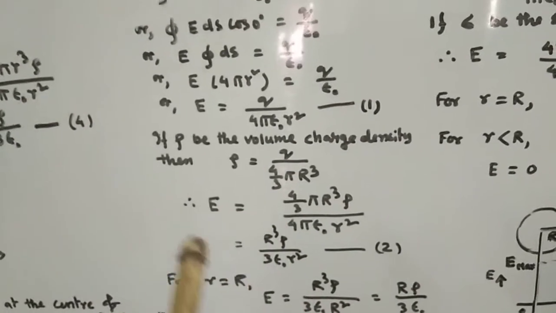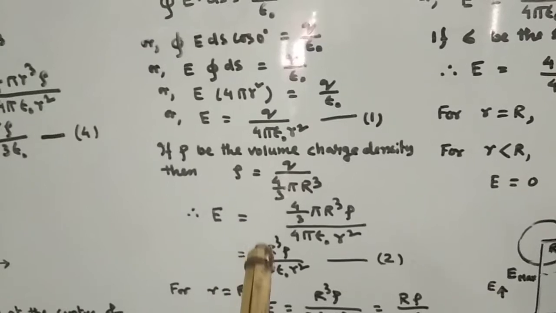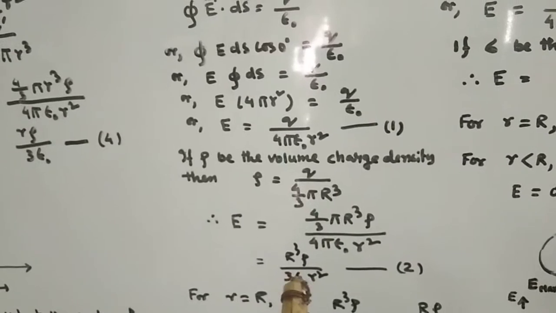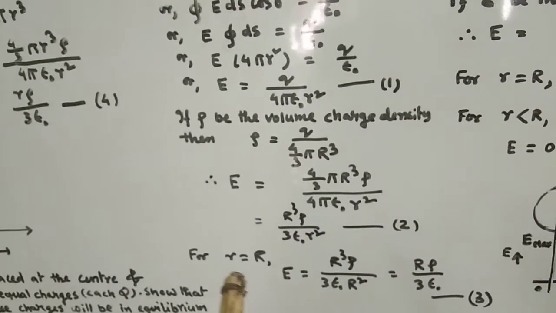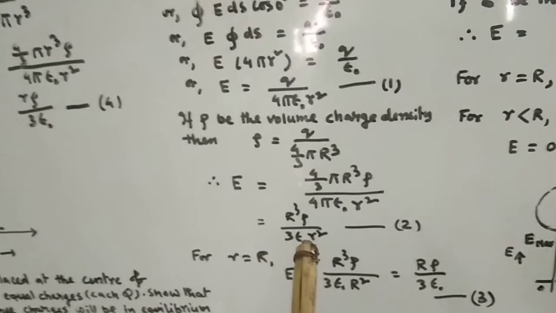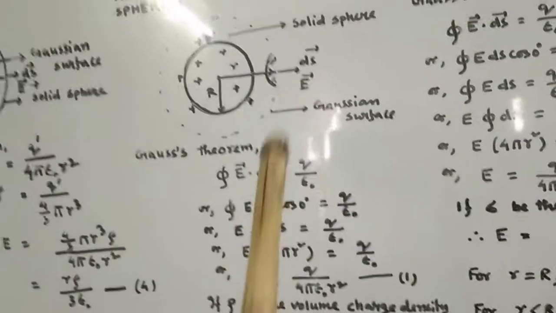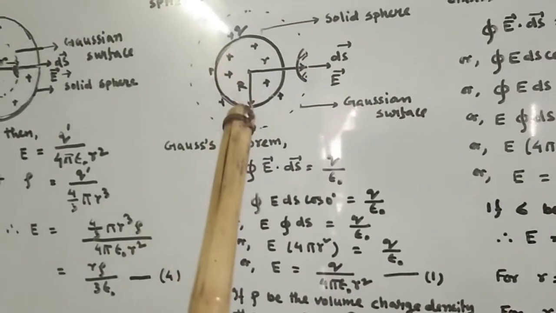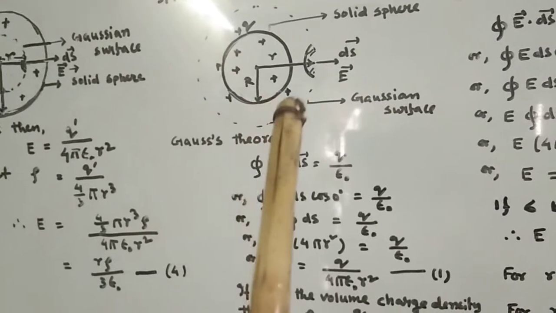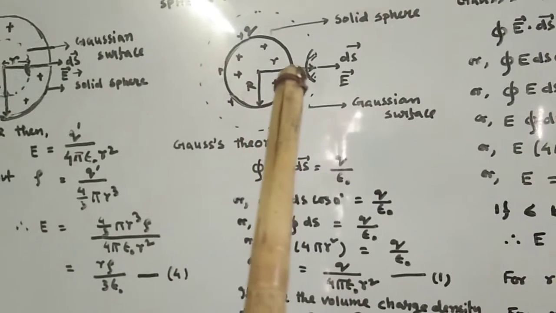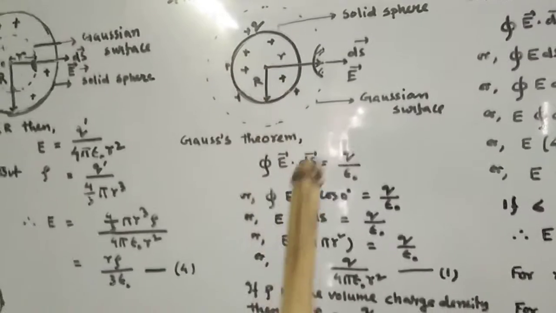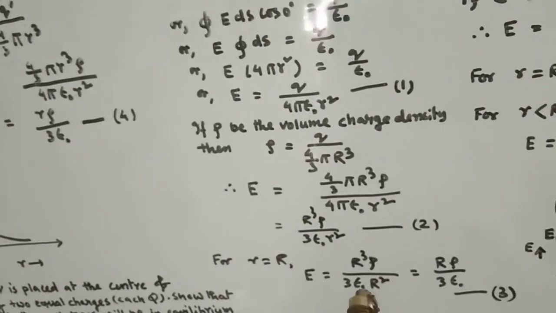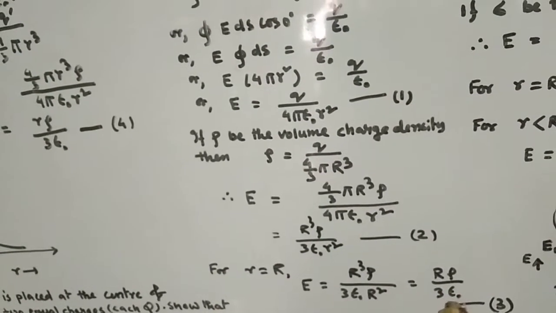So this is the field intensity due to a uniformly charged non-conducting solid sphere, outside the solid sphere. Now if you have to consider the surface of the solid sphere, then you have to substitute small r equal to capital R, as you have seen in the diagram. The small r is on the Gaussian surface, and capital R is the radius of the solid sphere. So if small r comes to the surface of the solid sphere, then it becomes capital R. So whatever expression we got for small r, if you substitute small r equal to capital R, then we will get R rho by 3 epsilon naught.